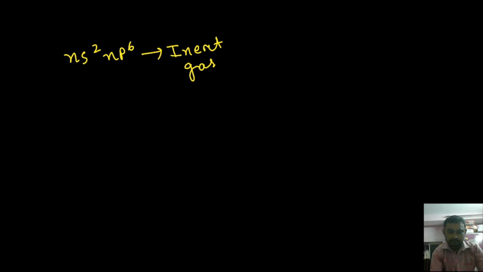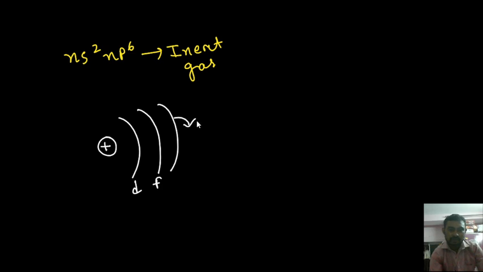Suppose this is the positive charge nucleus of the cation. In the inner shells are the d electrons or f electrons, and this is the valence shell or the outermost shell.